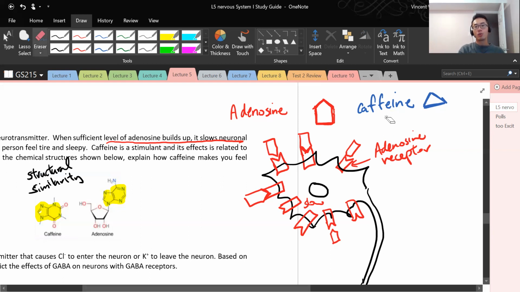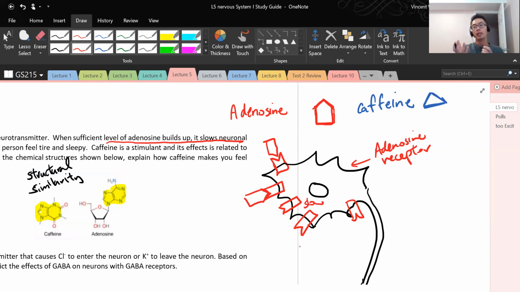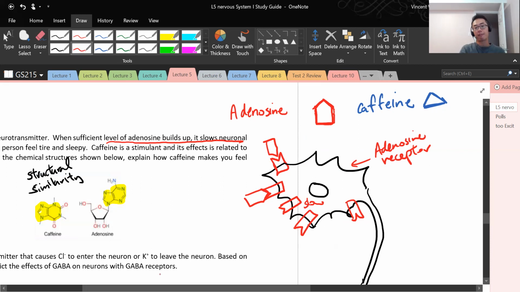And as you slowly reduce the caffeine intake or the opioid intake, then the receptors will slowly go away, and then you will restore to a state that is more resemblance of what it was before you used the caffeine. I hope that makes sense.